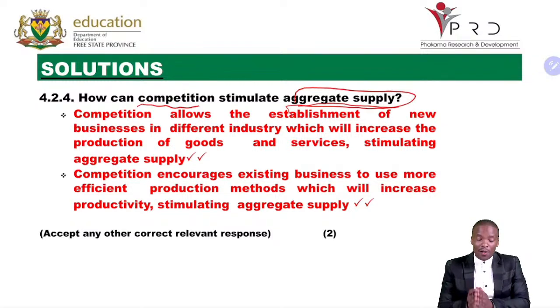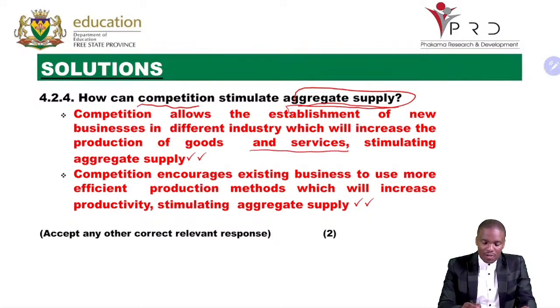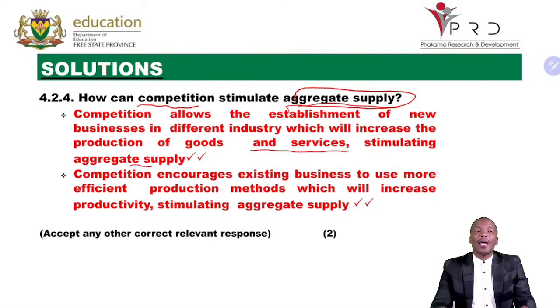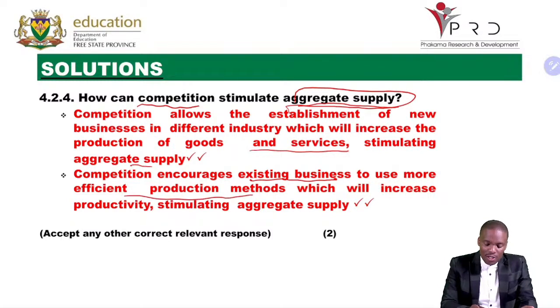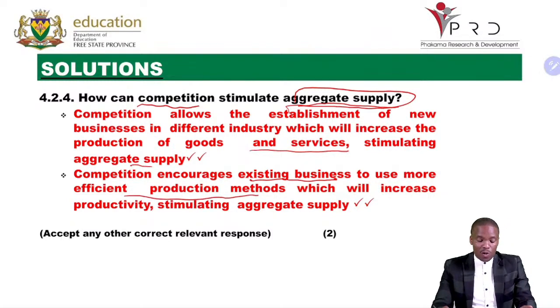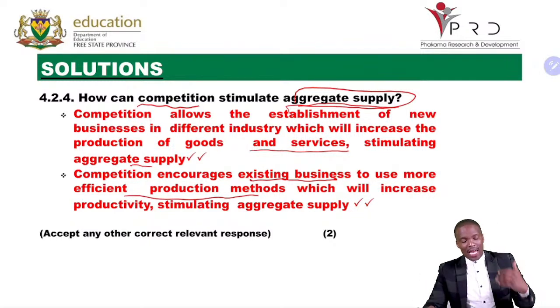So competition allows the establishment of new firms or businesses in different industries, which will increase production of goods and services. In that way, aggregate supply is stimulated. Or competition encourages the existing businesses to use more efficient production methods, which will also increase productivity. In that way, aggregate supply is stimulated. The cause and effect relationship.